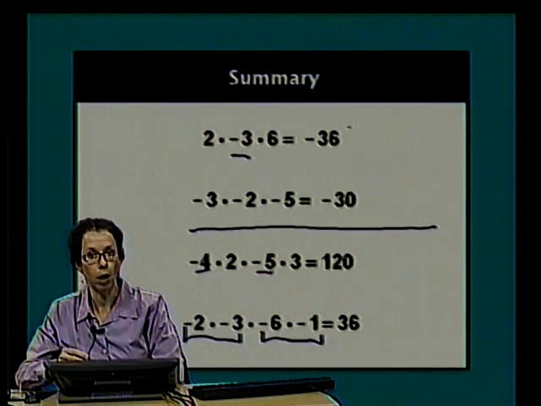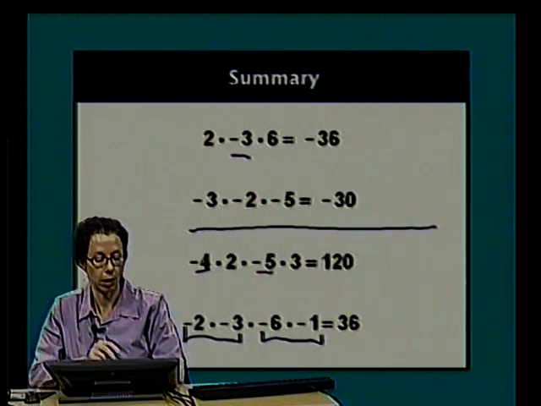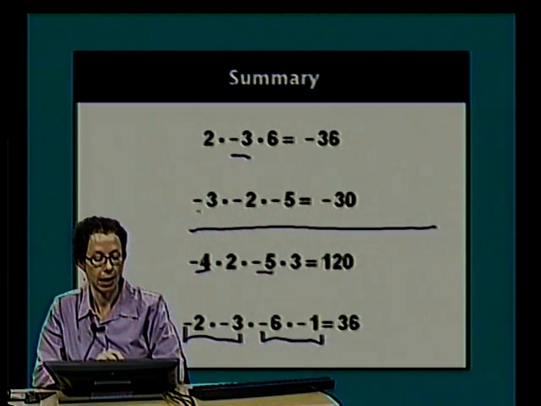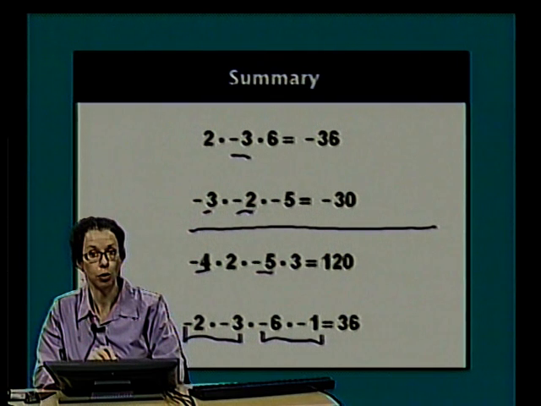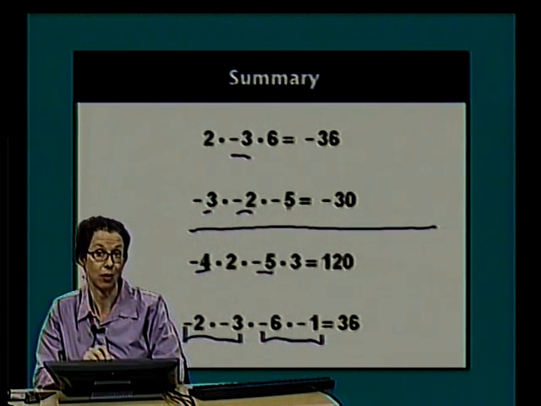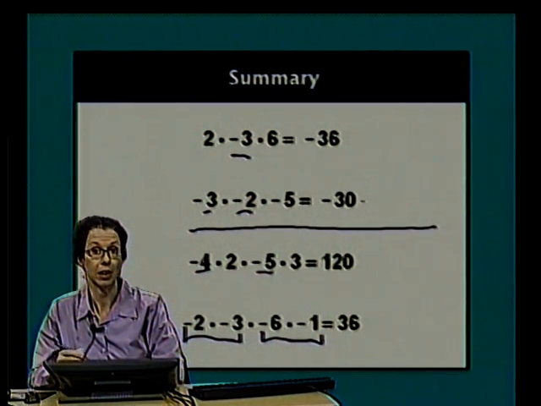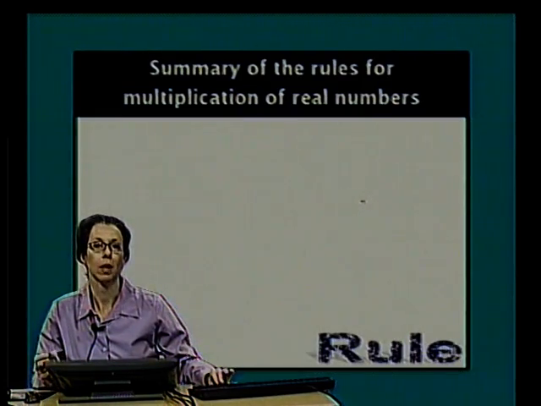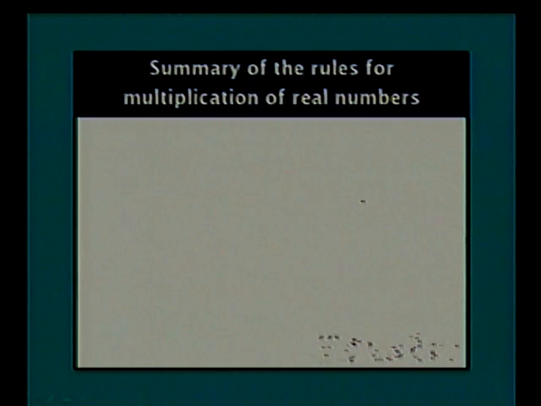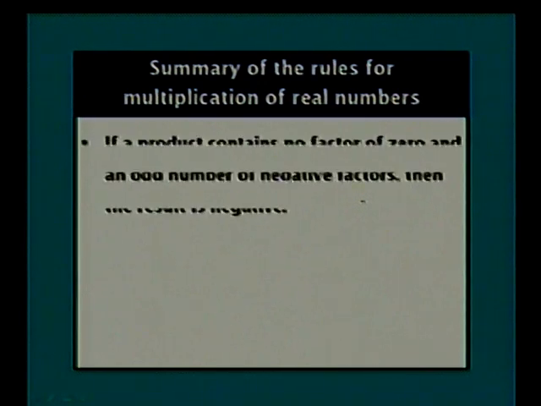Here, we have an odd number of negative factors, and there's no pairing up going on. If we pair up the negative 3 with the negative 2, in this example, we still have this oddball negative number left over, which makes the result negative. So let's summarize all the rules for the multiplication of real numbers.